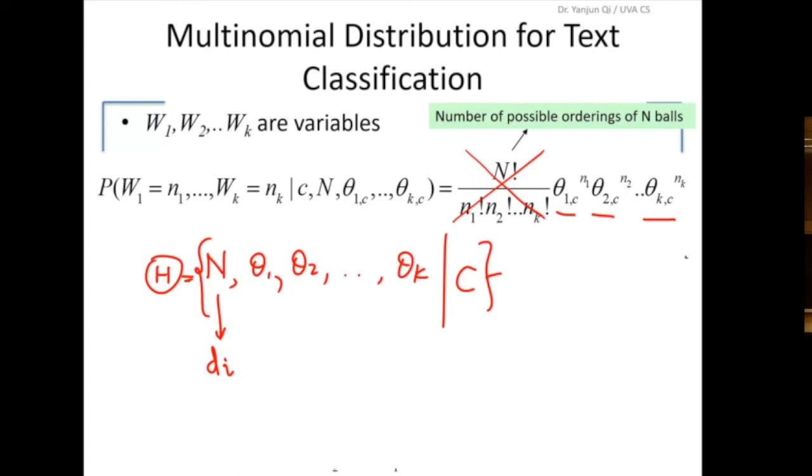Question about this? And this is how you get the joint probability, right? The joint probability has this scalar because it's not relevant to C. And when we're performing classification, what we do is argmax over C of P(W1 equals n1 into Wk equals nk, conditioned on a specific C), and then times P(C).